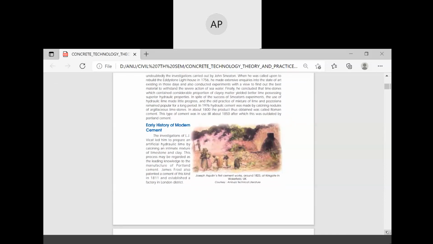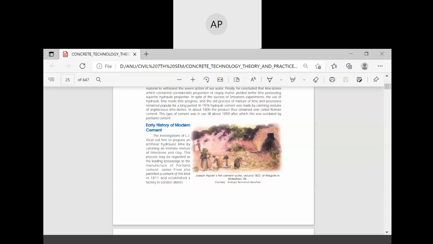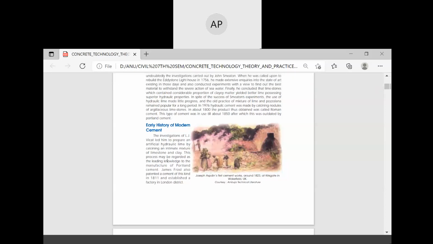This is Joseph Aspdin's cement works around 1826 at Kirkcaldy in Wakefield, UK. So the early history of modern cement: the investigation of Louis Vicat led him to prepare an artificial hydraulic lime by calcining an intimate mixture of limestone and clay.